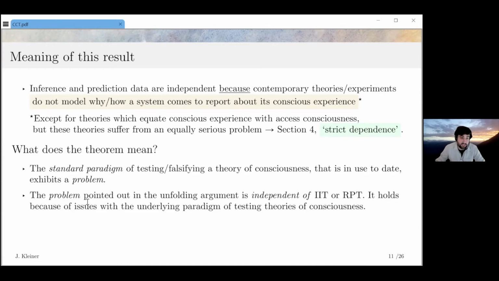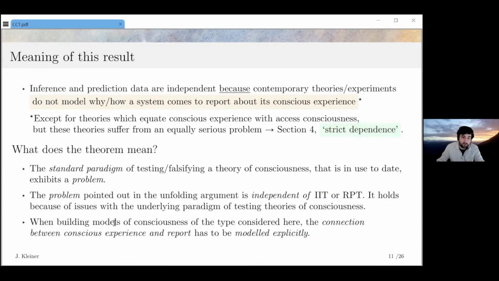And what our results show then is that this problem is not at all a problem that only applies to IIT or recurrent processing theory. It actually holds because of issues with the underlying paradigm of testing theories, and that applies basically to all theories of the formal structure I've indicated in the beginning, unless you go to strict dependence. So to all contemporary theories.